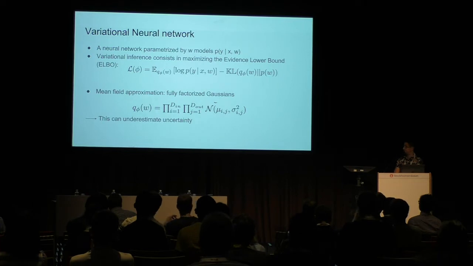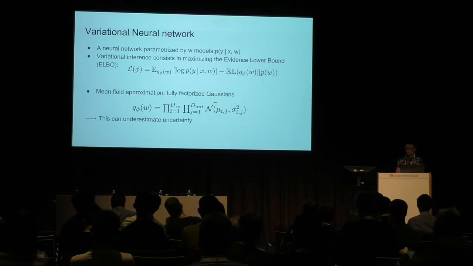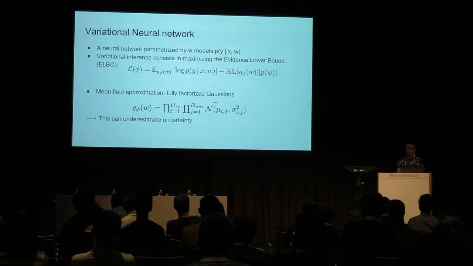Some background on variational neural networks. If you have a network parameterized by W that models the probability of Y conditioned on X, variational inference consists in defining an approximate posterior and then maximizing the evidence lower bound, ELBO, which is formed by 2 terms.